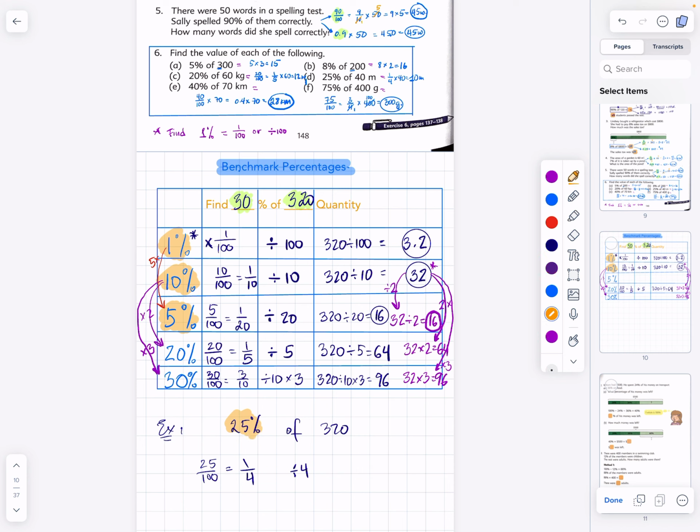Because it's so easy to find it using mental math. So we would just need to do 320 divided by 4. Well, 32 divided by 4 is 8. 320 divided by 4 is 80. So 25% of 320 is the same as 1/4, right? To find 25% means just divide the quantity by 4, and 320 divided by 4 is 80.